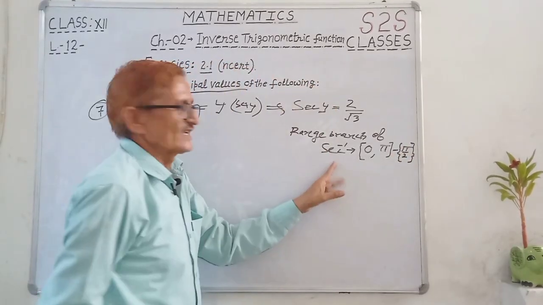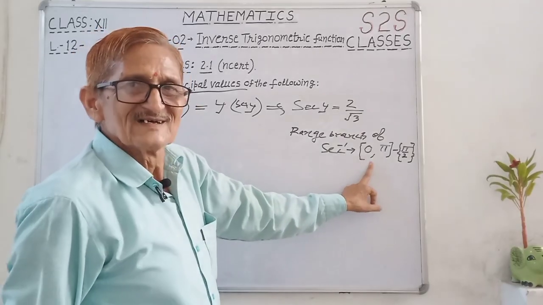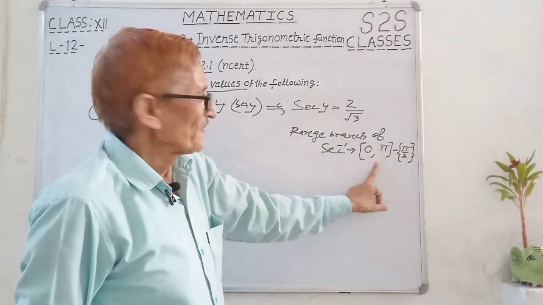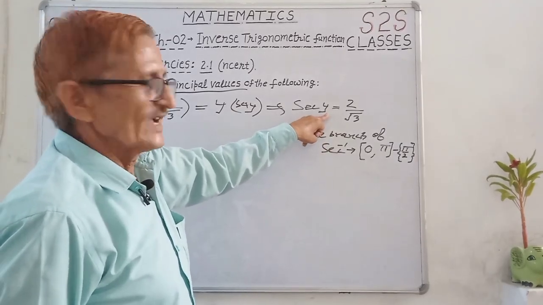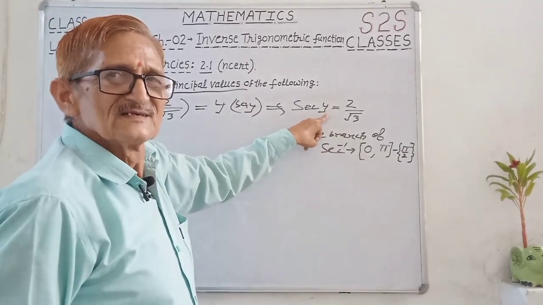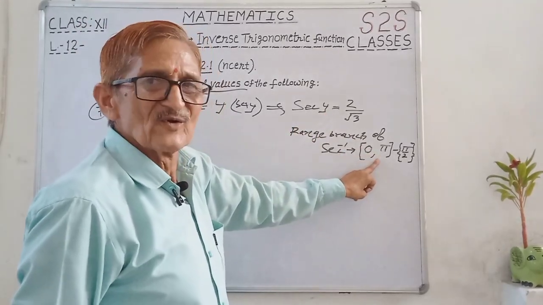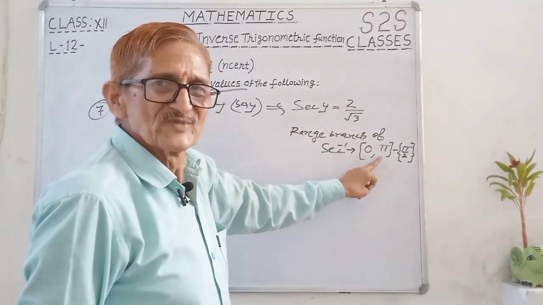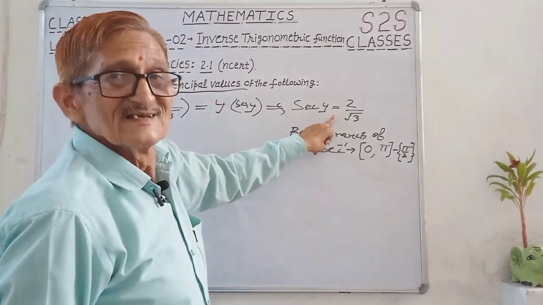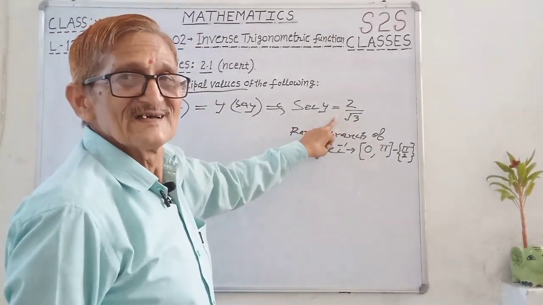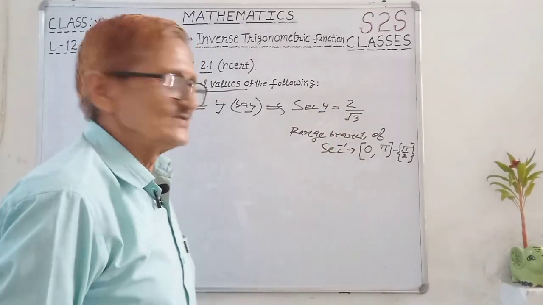This is the branch of sec inverse. So it must be in the second or in the first. According to here, sec is positive, and sec positive is in first and fourth. So which matches according to the branch? First, because here it is first and second, and there first and fourth. So in first, positive, we have to take.